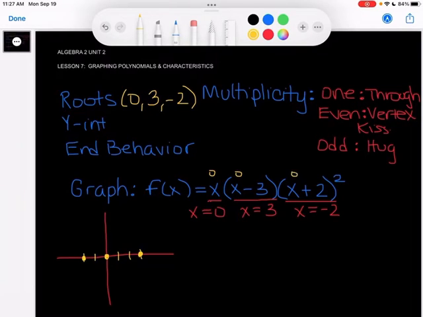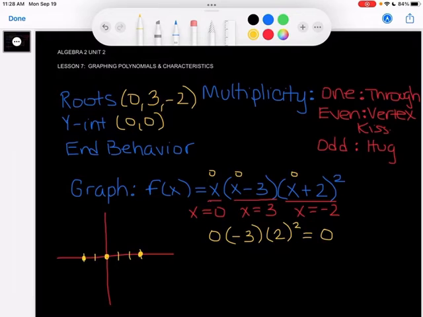I end up with 0 times 0 minus 3, which is negative 3, times 0 plus 2, which is 2, and that's squared. If I multiply all this together, I end up with 0. So my y-intercept is at 0, or (0, 0). But if you have a root at 0, or an x-intercept at 0, that means your y-intercept will also be 0. So you really don't have to do it that way. But if it's not at 0, then you have to plug it in and find out.